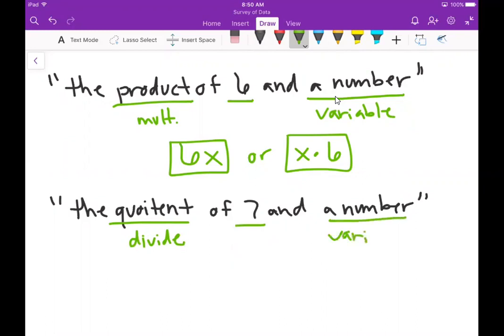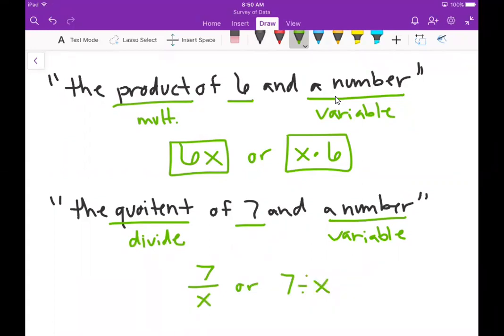Again, this means I just need a variable. And again, you can use any letter you want here. I'm just going to stick with x to keep it simple. Now this time, it is very important I do this in the order that the sentence says. The quotient of 7 and a number means 7 divided by x. Or you can use that division symbol, 7 divided by x.